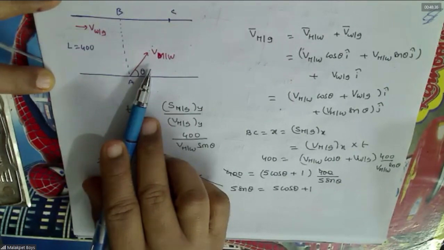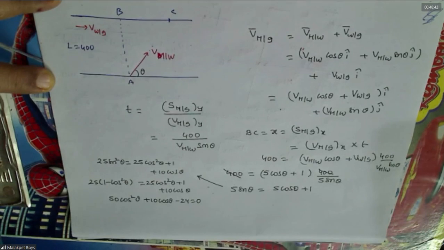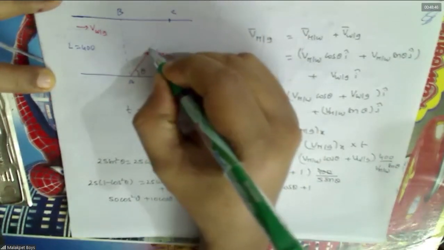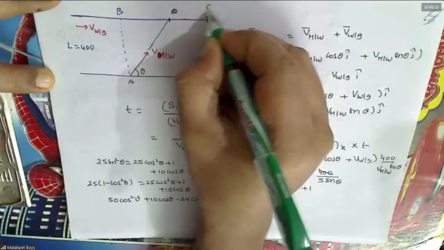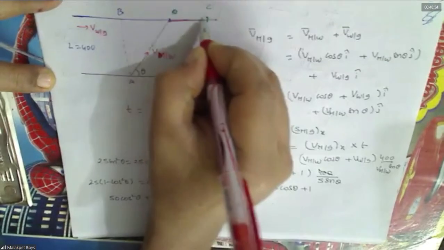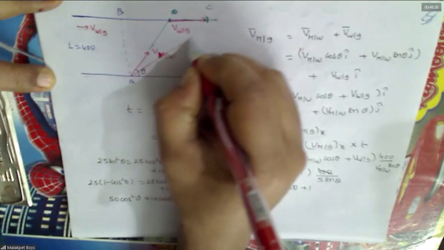I did not get what you're saying. No, I did not draw the full diagram. Okay, so this is C. Now to this velocity of water with respect to ground, that fellow will reach here.